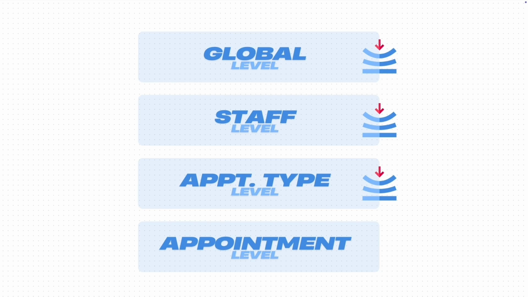So let's just say you start with a fresh account and you set your global settings just like we saw. You decide what you think is most appropriate. From that moment, any new staff members that you create will be given those exact settings by default.